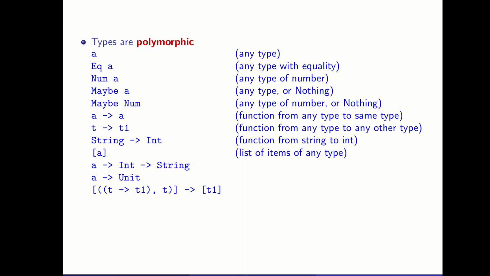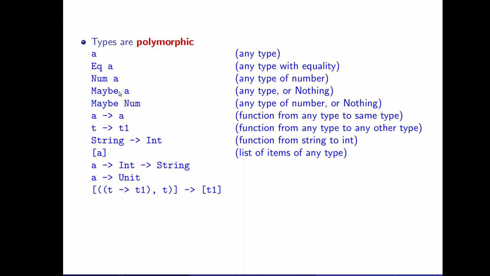And so it will say, we're working with some equality type. I'm not sure exactly what type it is, so I still use A, but I know it's an A that can have equality checked. Or if I do some mathematical operations with it, then often we'll be looking at a numerical type A. It still could be any of the numerical types.